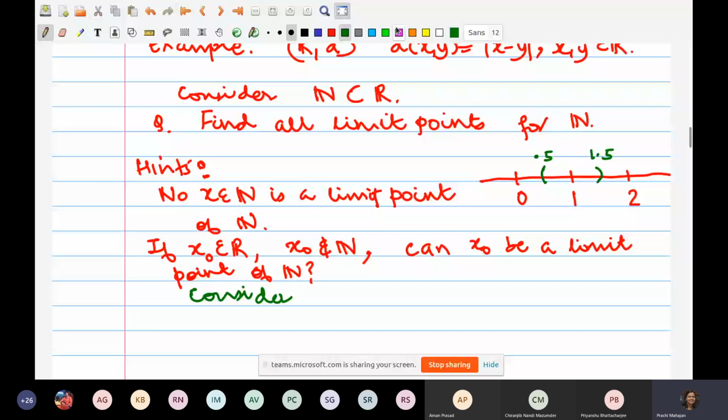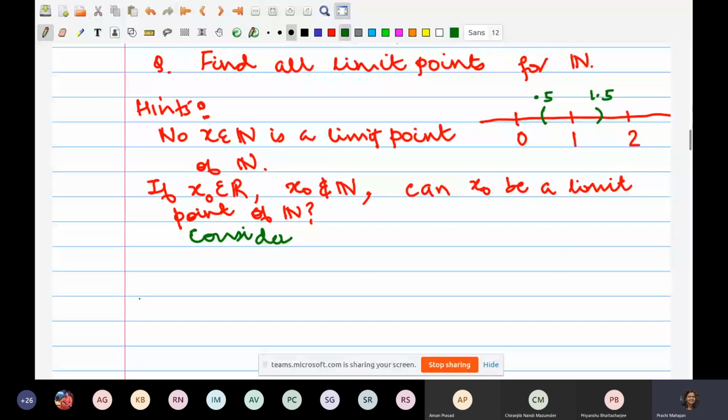As Aman suggested, for a given real number x naught, there is a natural number n in N such that n minus 1 is less than or equal to x naught, which is less than or equal to n.